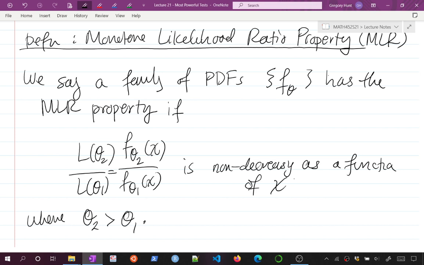So this seems like a kind of obscure property. It's a little bit obscure. You can see how it's related to ultimately the likelihood ratio test, because it's the ratio of two likelihoods. But it's kind of a technical condition, unfortunately, that's going to be necessary to ensure that we can find a best test.